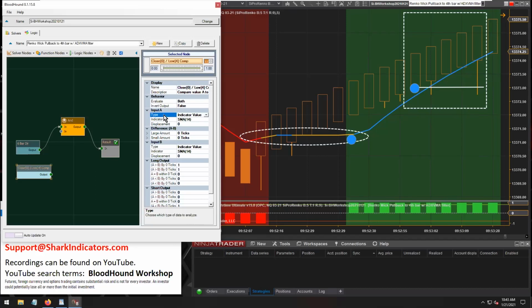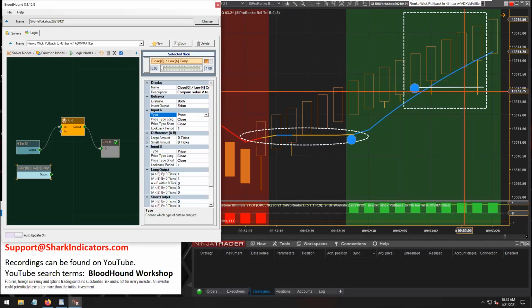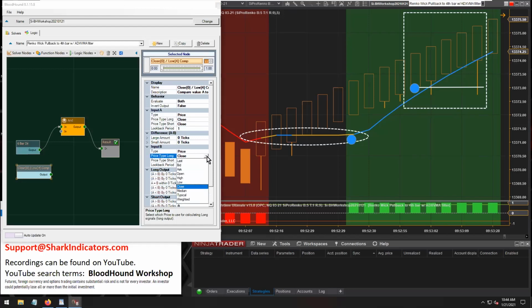And so our inputs here, input A is going to be price, and input B is also going to be price, right? So we're comparing prices of different bars here. Input A is going to be the closing price. That's already set to the closing price. And input B needs to be the low of the bar.